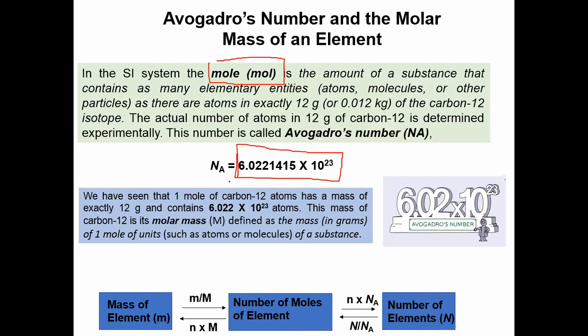This number was called Avogadro's number. So 12 grams of carbon contains this amount of carbon atoms, and this amount of carbon atoms is considered as 1 mole of carbon atoms.